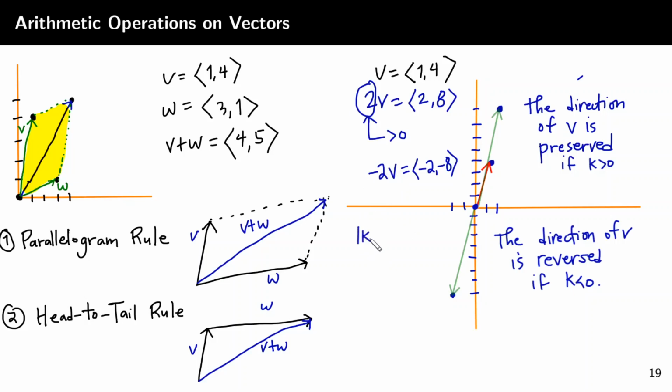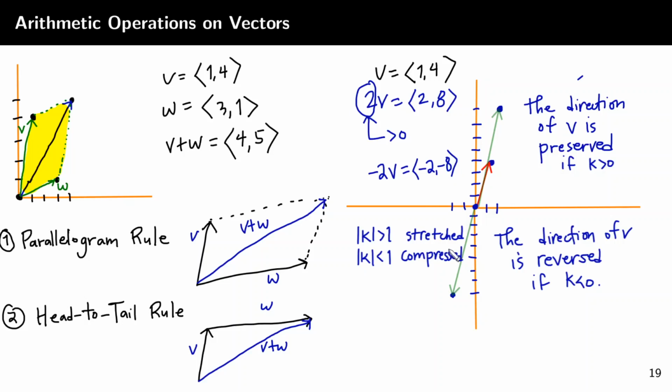So, if the absolute value of K is greater than 1, the vector is stretched. And if the absolute value of k is less than 1, for example, 1/2, so mako-compress ngayon yung vector natin. Yan.